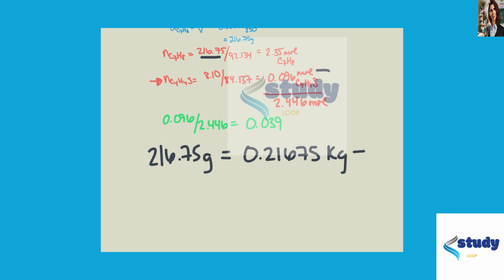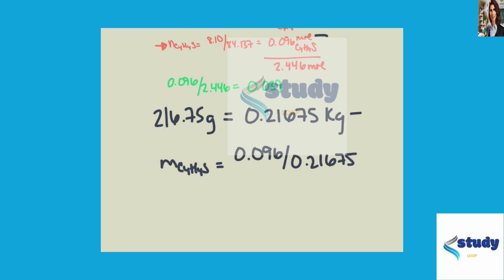So the molality of C4H4S is going to be 0.096 divided by 0.21675, which equals 0.443 moles per kilogram.